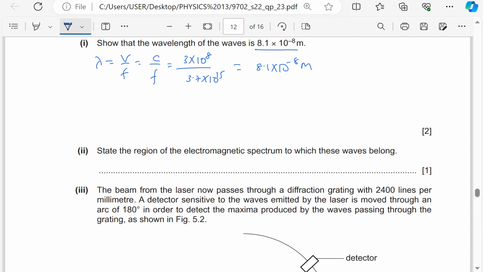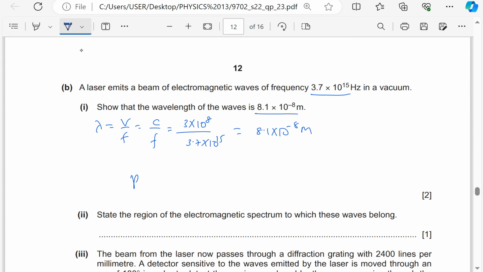State the region of the electromagnetic spectrum to which these waves belong. Okay, so remember the spectrum order. Here we have visible light, which ranges from 7 times 10 to the power of minus 7 meters to 4 times 10 to the power of minus 7 meters.